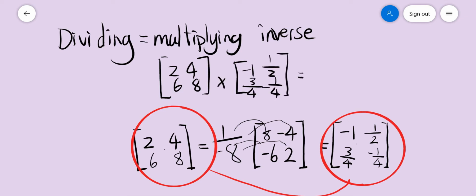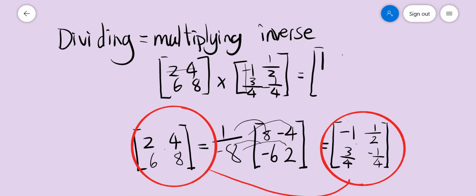So remember last time we talked about matrices multiplying? It's the first row, first column. So first row, that is 2, 4, and first column minus 1, 3 over 4. 2 times minus 1 is minus 2, plus 4 times 3 over 4, that is 3. Minus 2 plus 3 is 1.